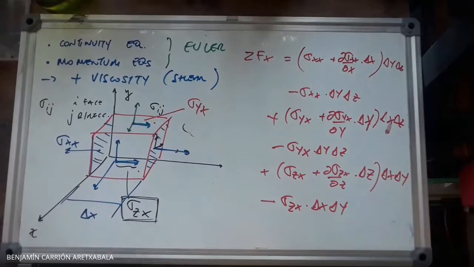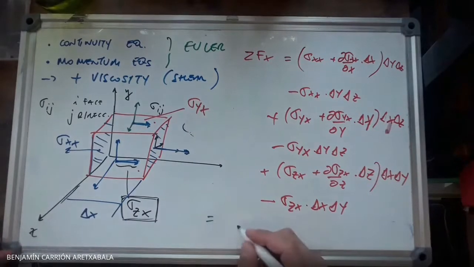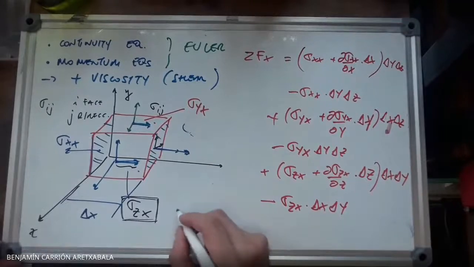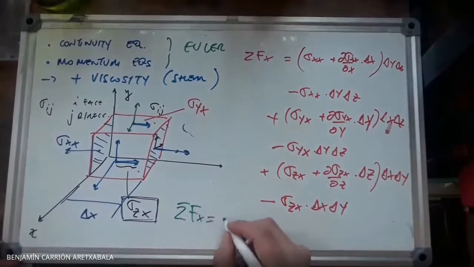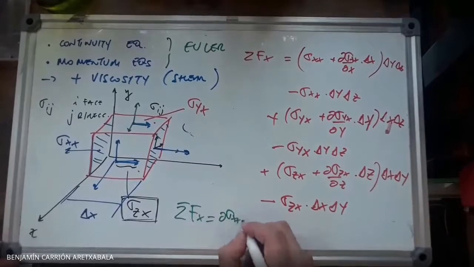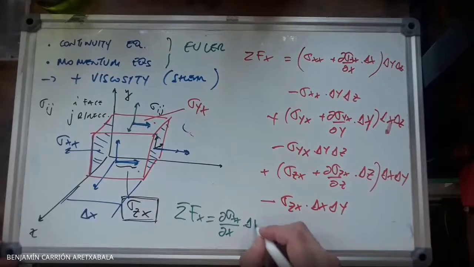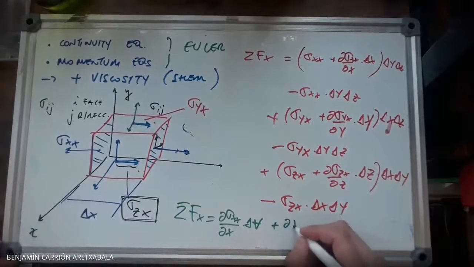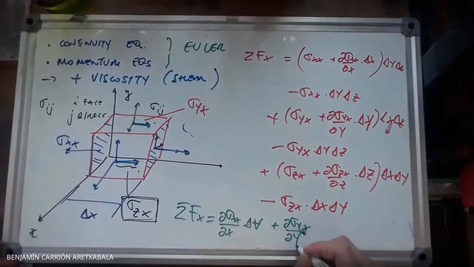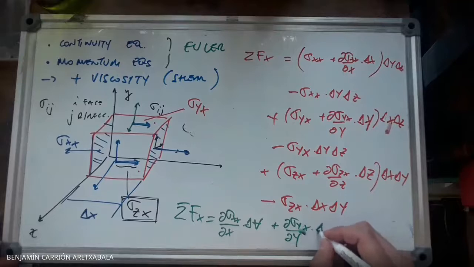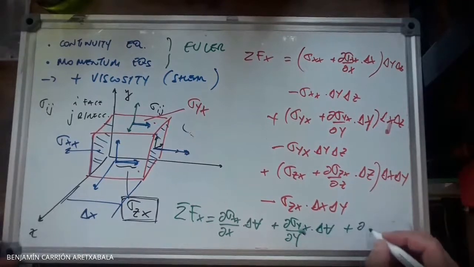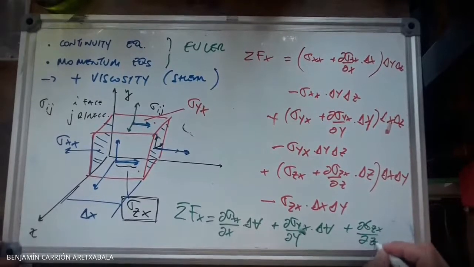Okay, and here you cancel out everything, and basically what you get is that only the gradients are relevant. So you get the gradient of sigma xx over x times delta volume, times the gradient of sigma yx over y times delta volume, plus the gradient of sigma zx over z times delta volume.